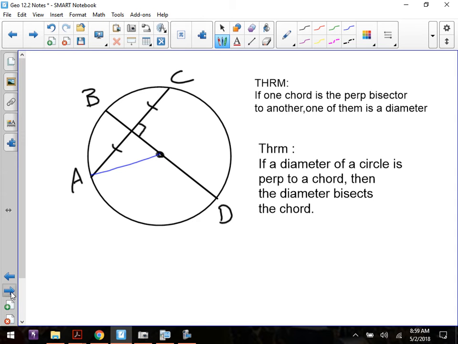Like I said, it's not super difficult, but when you see it, you have to remember that you're going to get these bisects. Remember, when you bisect something, you cut it in half. Okay? Those two segments will be congruent. Now, the other thing that will happen is that since the chord gets bisected, so does the arc.